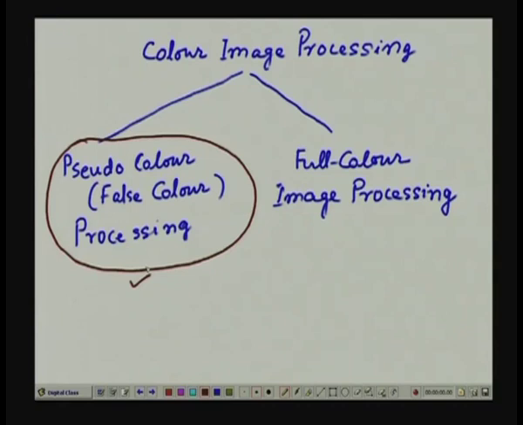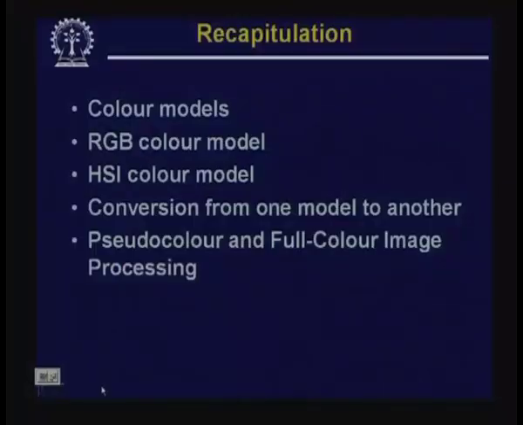Now, the basic way in which the pseudo coloring technique can be used, as we said, is that the purpose of pseudo coloring is to assign different colors to different ranges of intensity values. The simplest approach in which this pseudo coloring can be done is by making use of intensity slices. What we can do is consider an intensity image to be a 3D surface, as shown in this particular slide.